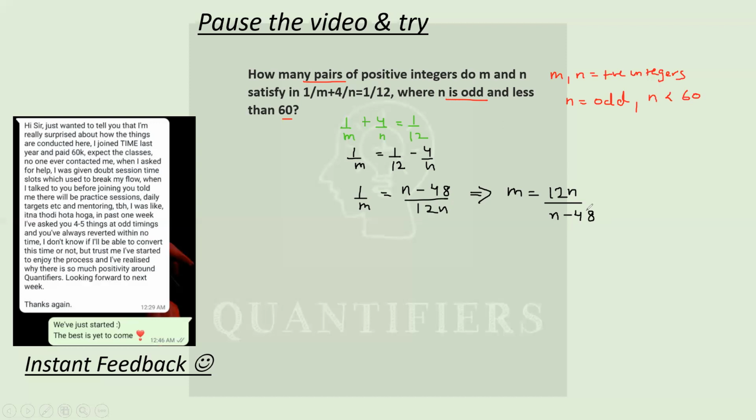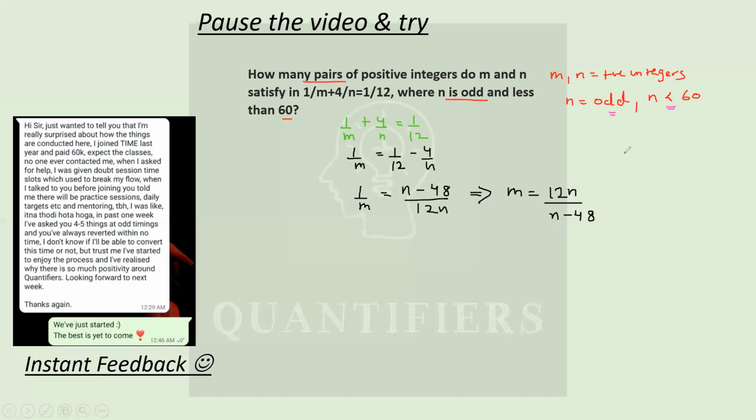Now students, just see here. In the denominator we are getting n minus 48, and it is already given that n is less than 60 and n has to be odd. Now students, think logically. n can never be less than 48. n 48 से कम तो हो ही नहीं सकता. I'll show you why.